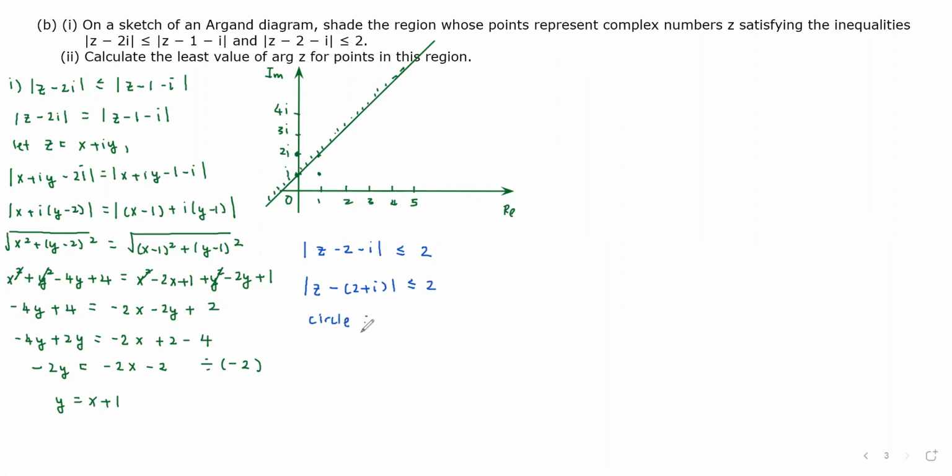This gives us a circle where the center is 2 plus i and the radius is 2. So we need to draw a circle with a radius of 2 and the center of 2 plus i.